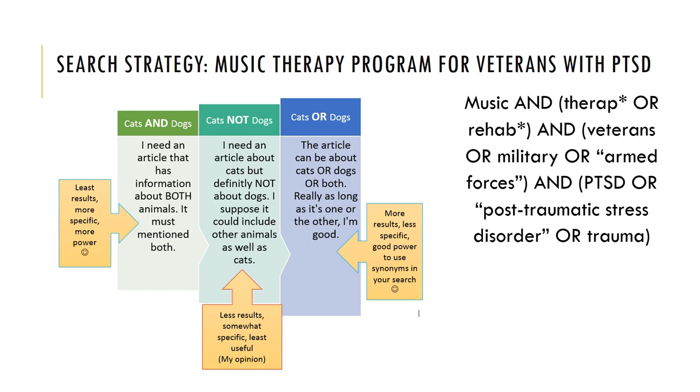Armed forces and post-traumatic stress disorder I have in quotation marks because I do not want the database to search for just the word disorder and music. Post-traumatic stress disorder is a very specific phrase, like armed forces, that I want to keep searched together in that exact order. Whew. Okay, I know that was a lot.